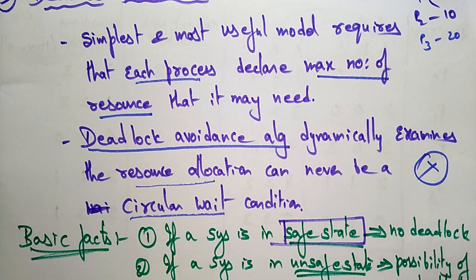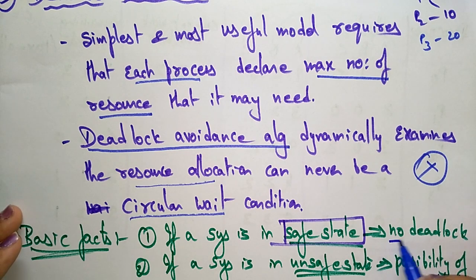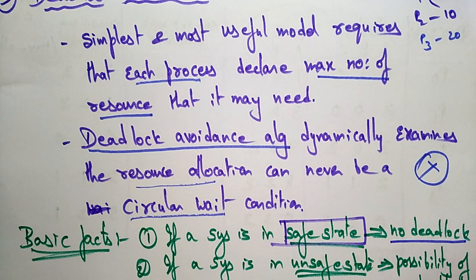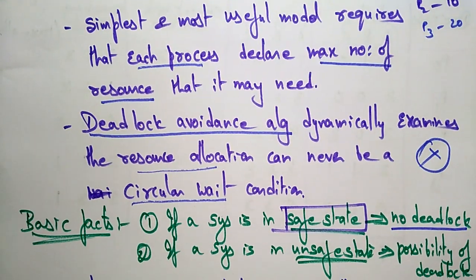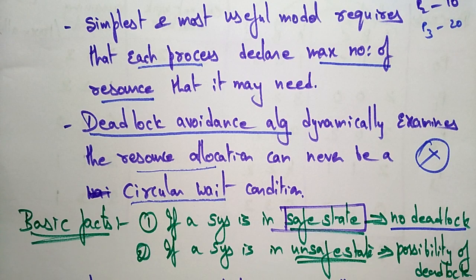When your system is in a safe state, obviously there should be no deadlock. If a system is in an unsafe state, some problem may occur, meaning some deadlock may occur. There is a possibility of deadlock. I can't say that deadlock is compulsory if your system is unsafe. There is only a possibility, because deadlock will occur rarely, not frequently.